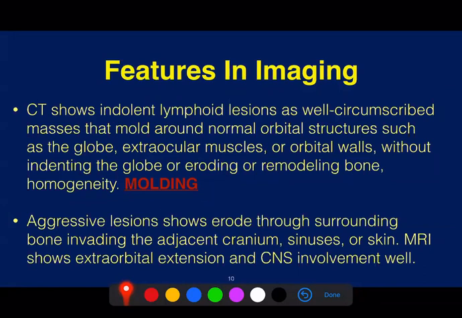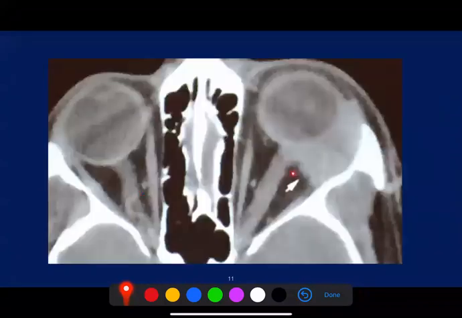Aggressive lesion, as I showed you in the previous picture, there will be erosion and destruction to the adjacent cranium, sinuses, skin. And if there is such extension, MRI will be very helpful to delineate that extension. So just to stress on the molding, this is the molding.